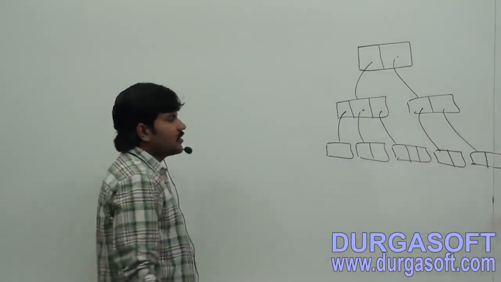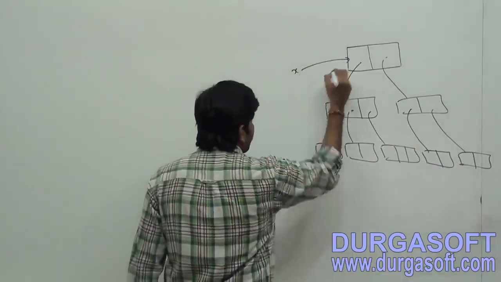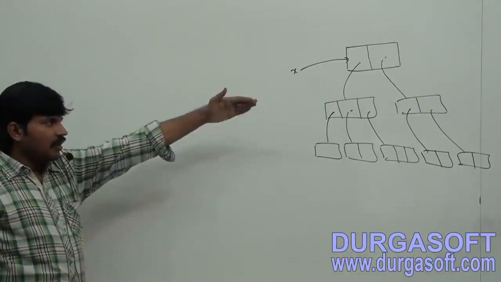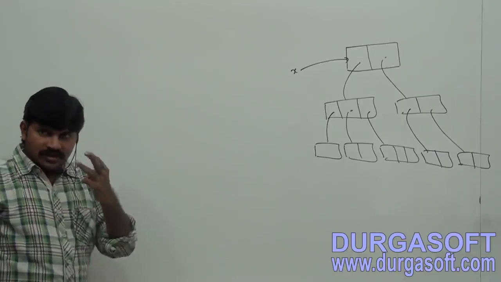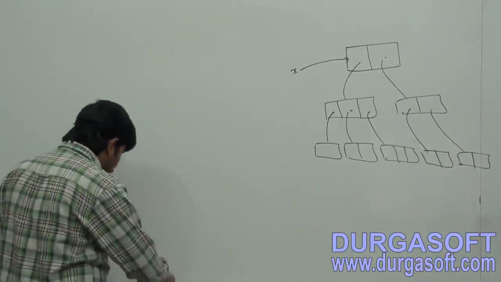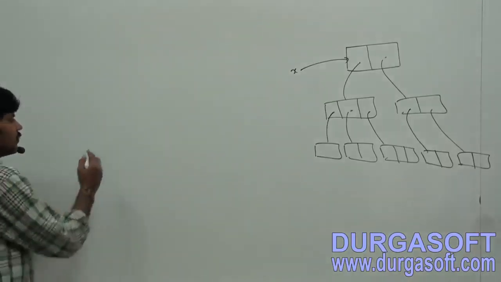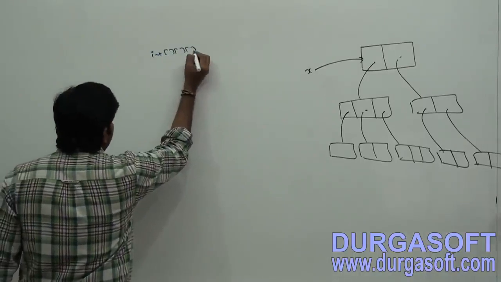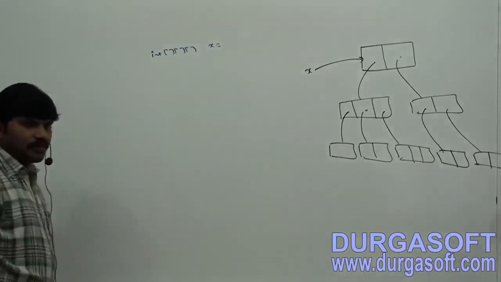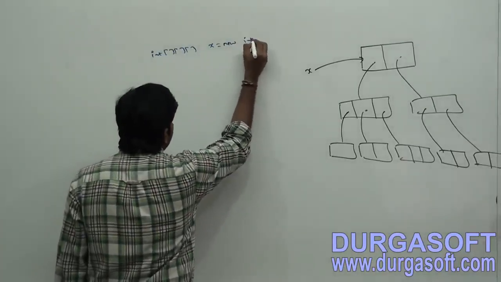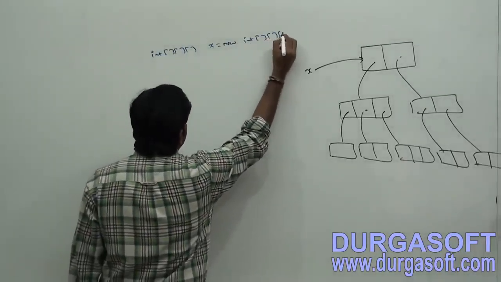Can you tell what is the dimension of this array? An array of arrays of arrays, 3 level arrays, is nothing but 3 dimensions. Can you tell how to write the equivalent Java code? Very simple: int 3 dimensional array x is equal to new 3 dimensional array.